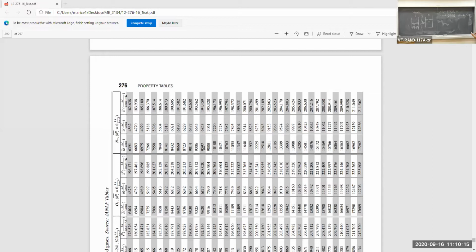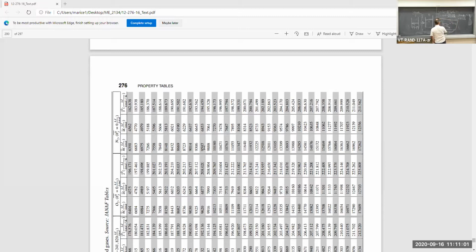And so I get 329.6 degrees Kelvin. So temperature T2 at H2 of 342, or if you like, 9,586.4 kilojoule per kilomole, is equal to 329.6 degrees Kelvin.